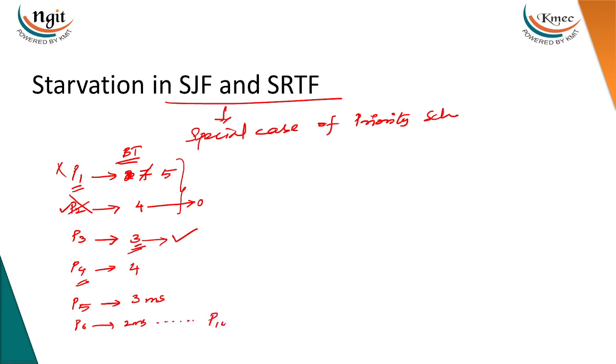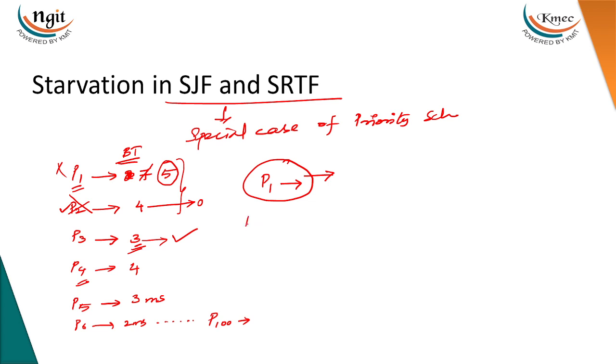Even after P100, you cannot execute P1. That means you don't know when P1 will execute. You cannot determine the time when P1 will be executed.